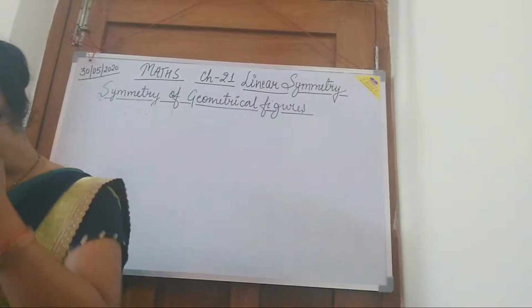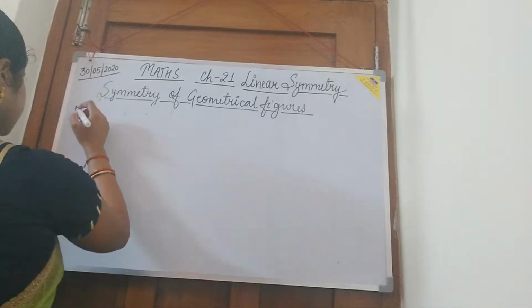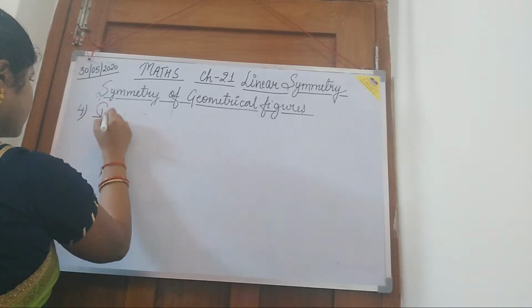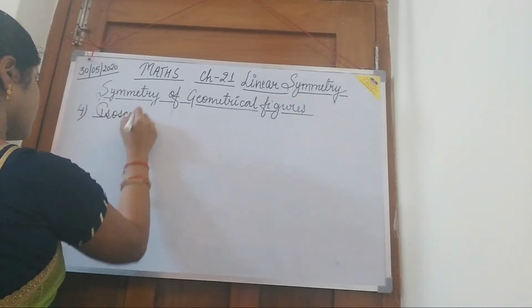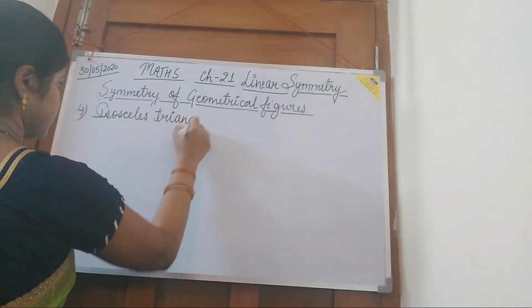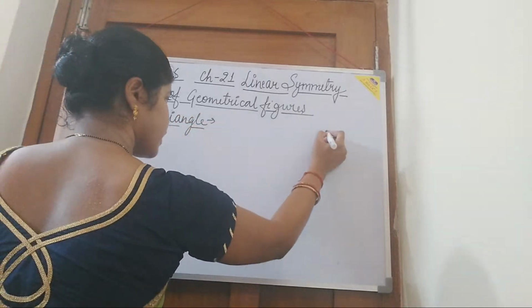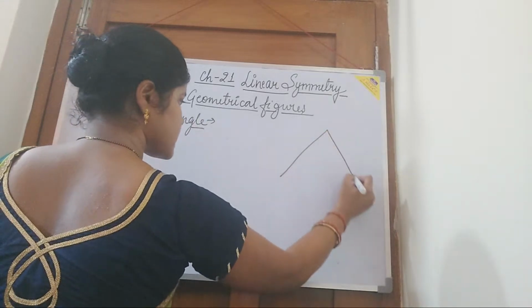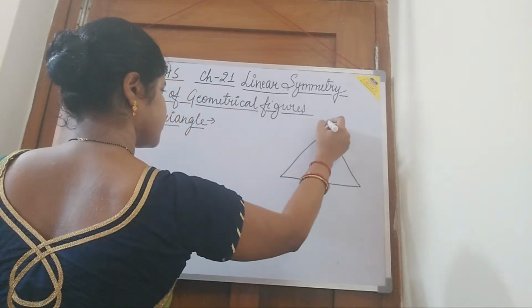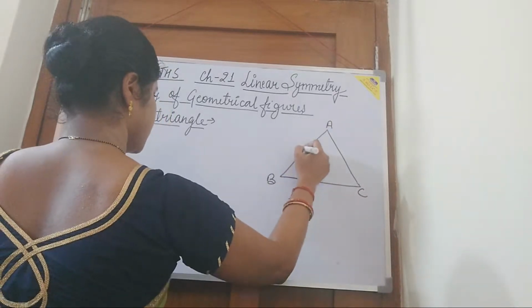Next figure is the isosceles triangle. So in the isosceles triangle, we are going to draw two of its sides equal in length. Here AB is equal to AC.